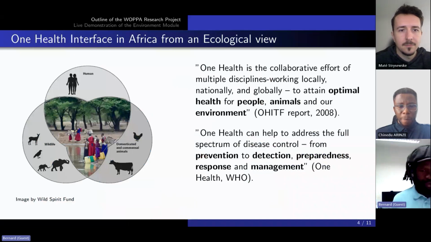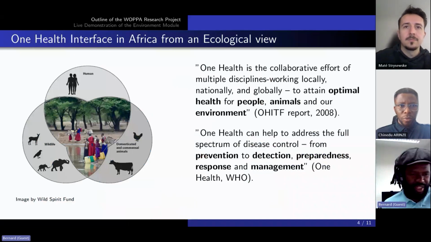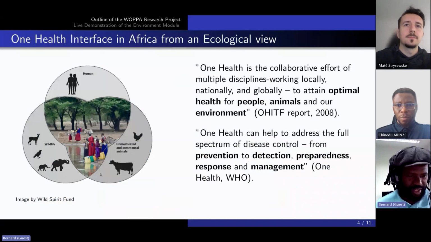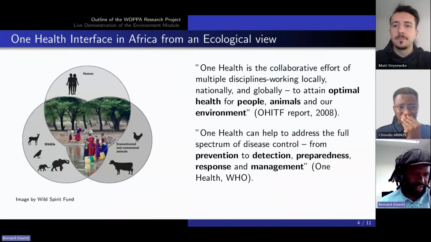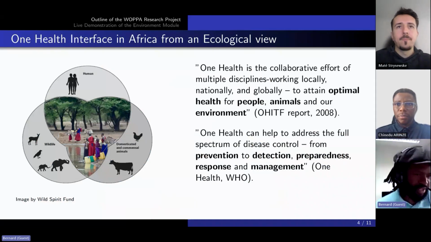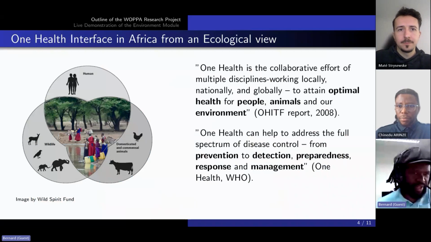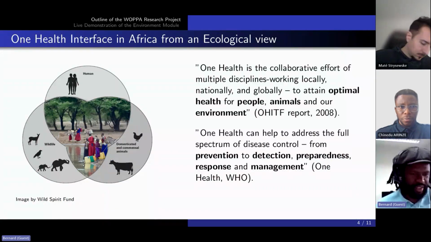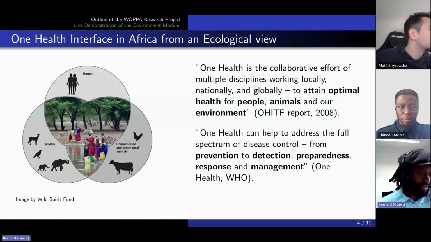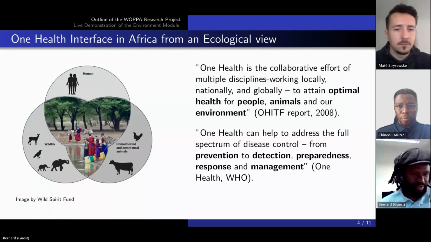But before going to that, what was the motivation behind this? So the image on the left is just a simulated image of how it looks like in a real life scenario, where we find humans here and below, the 2 below circles, animals, which can be divided into wild and domestic. So these 3 entities always interact with each other: human, animals, and environment.